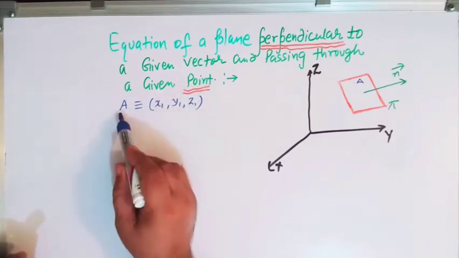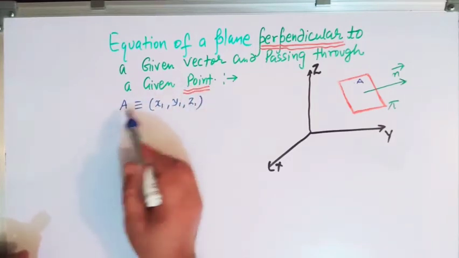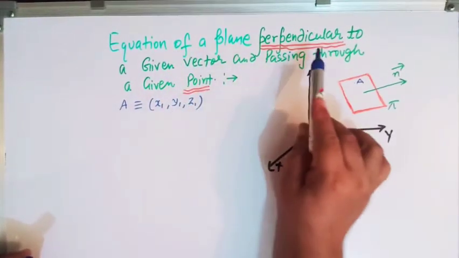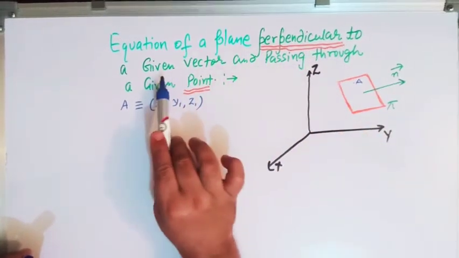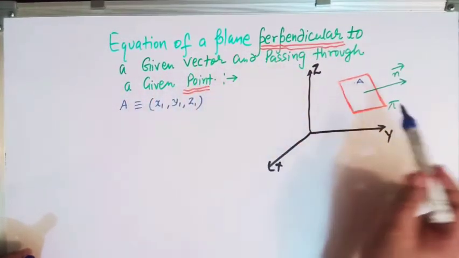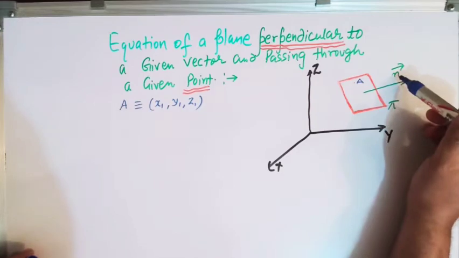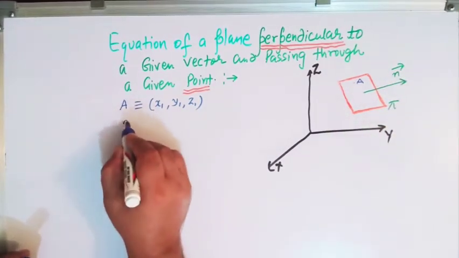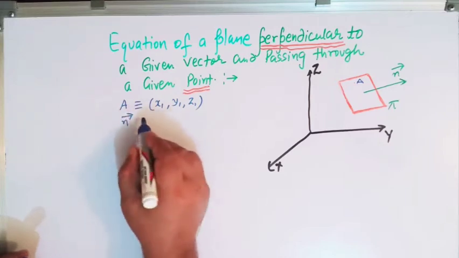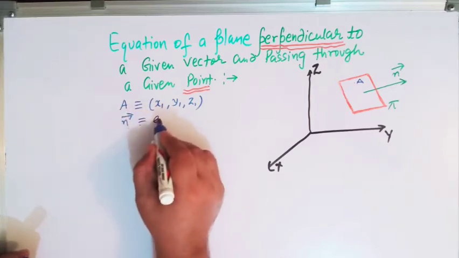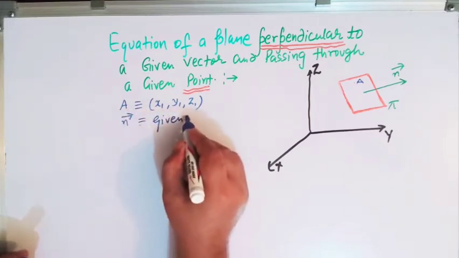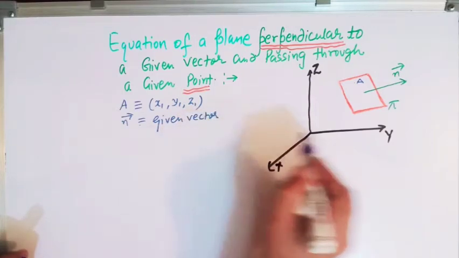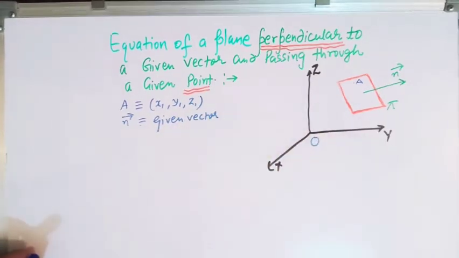So the given point is the point A, and the perpendicular to a given vector is the vector n, right? Okay, so n vector is the given vector, right? And this is the origin.